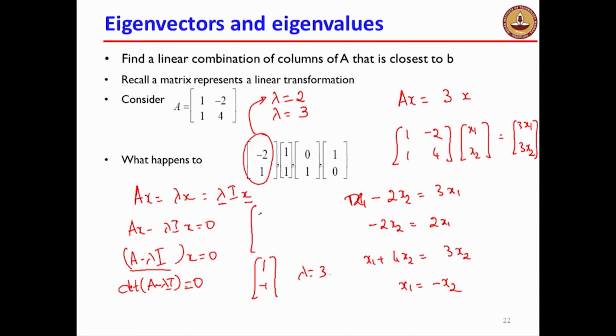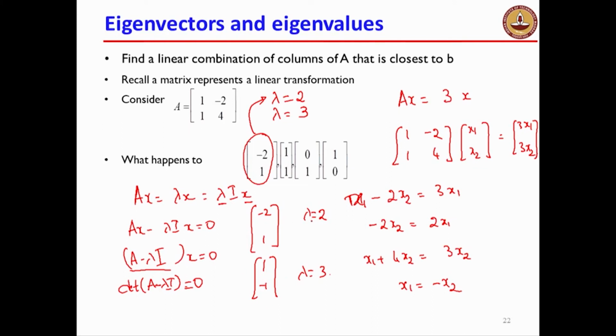For the eigenvalue lambda equal to 2, the eigenvector is minus 2 comma 1. Now it is not that this is the only eigenvector. Any vector which is a multiple of this is also an eigenvector. Likewise, any vector which is a multiple of 1 comma minus 1 is also an eigenvector.